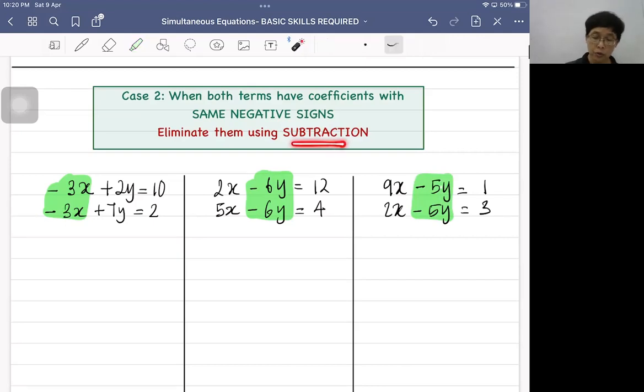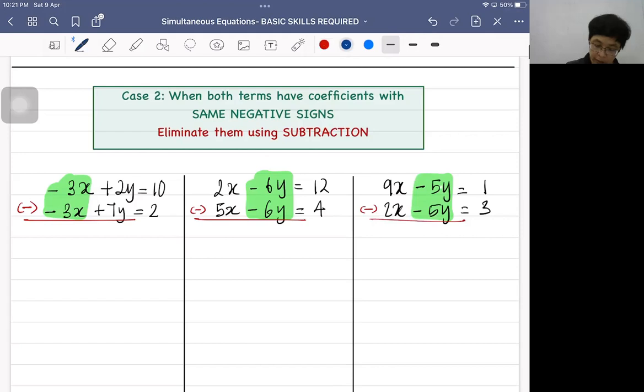Again, we use subtraction. You notice that once they are the same sign, we use subtraction. I repeat again, same sign, subtraction. So let's put in, as usual, minus, minus. Let's move on. So you notice that when it is minus 3, minus, minus, it has become a plus. Okay, see that?